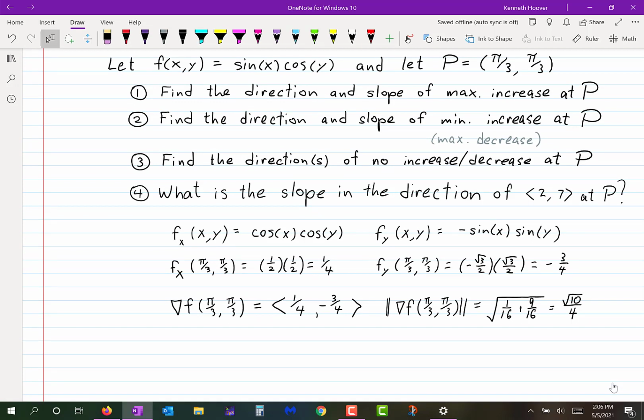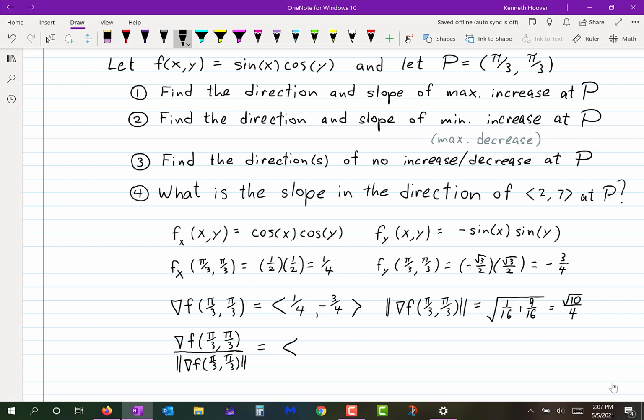Okay, so now let's rescale that vector to be a unit vector. How do you take a vector and rescale it to be a unit vector? You simply divide the vector by its own magnitude. And what do we get?